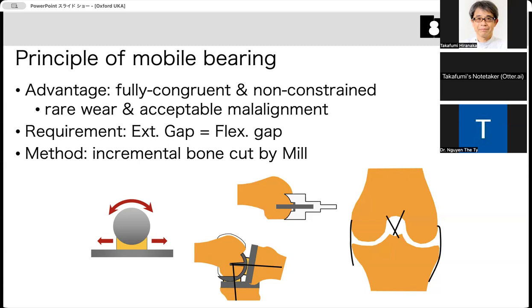If the difference is 1 millimeter, for example, flexion gap is 3 millimeter, and the extension gap is 2 millimeter, we should cut the bone from this femur by 1 millimeter. Okay, so to adjust every 1 millimeter incremental bone adjustment, saw cut is not accurate because saw can bend, so-called sliding.